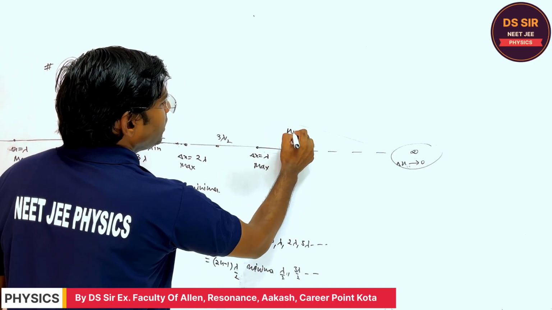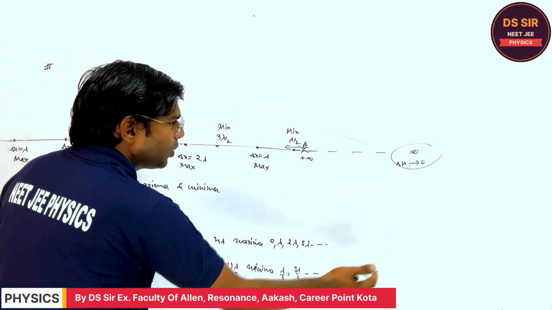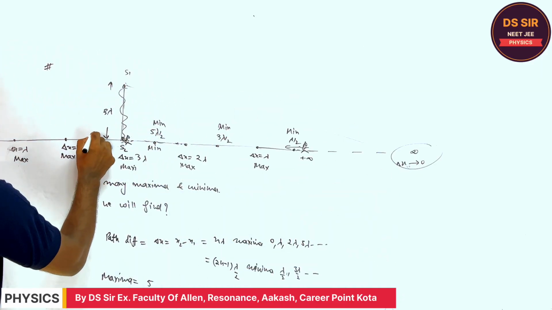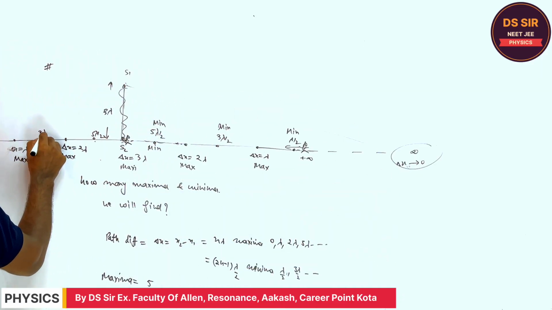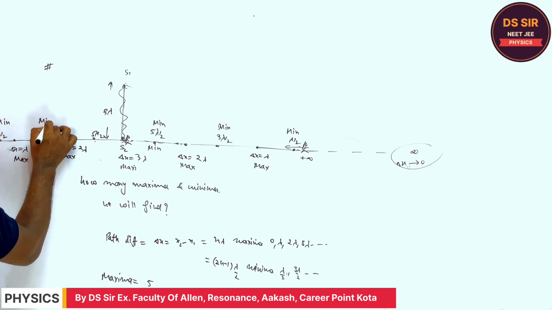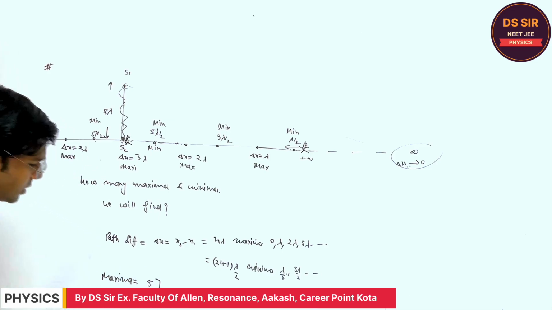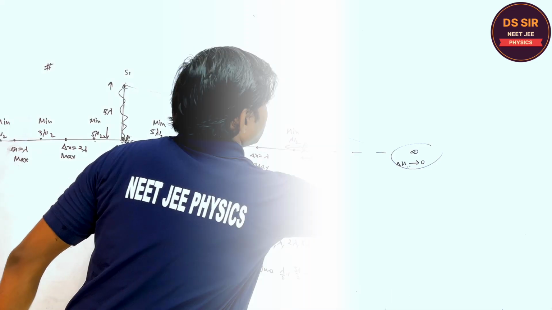So this is minima, this is minima, this is minima. So 3 minima on the left side, at 5 lambda by 2, 3 lambda by 2, and lambda by 2. Minima, minima, minima. How many minima will you get? 6. Copy this. So this is one question.